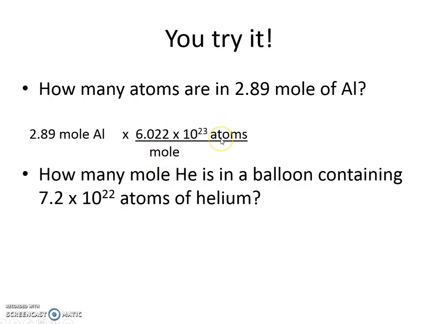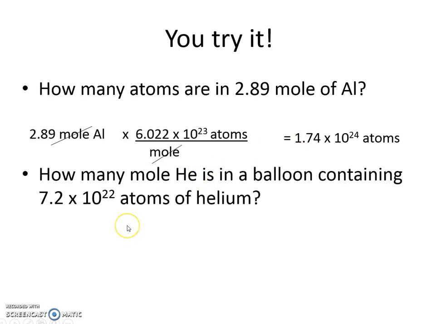It always goes with atoms. If you have any trouble with that, just write mole equals 6.022 times 10 to the 23, and you can say mole of atoms is equal to 6.022 times 10 to the 23 atoms, and use that to construct your fraction. So we do this math, and you come up with 1.7 times 10 to the 24 atoms.